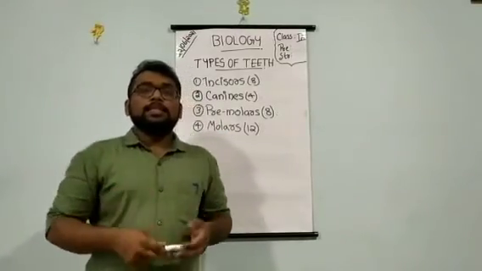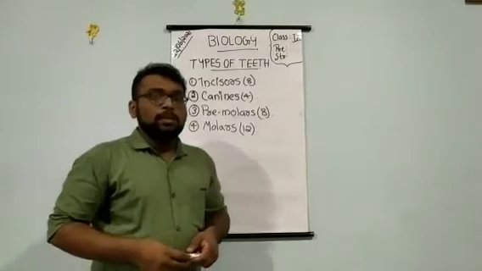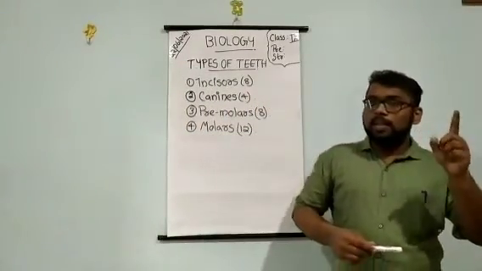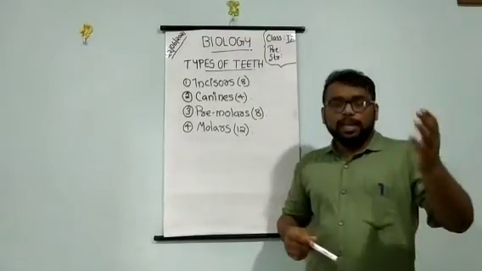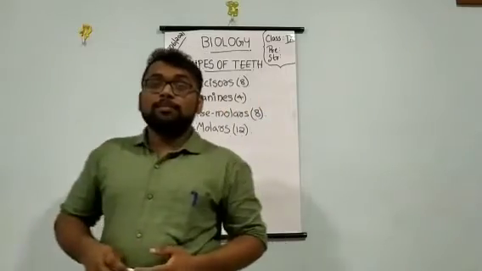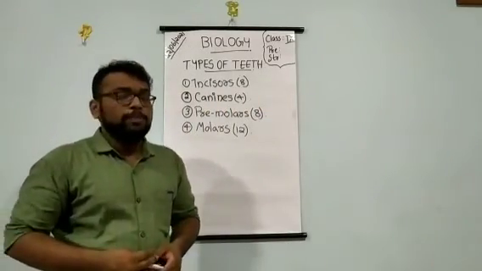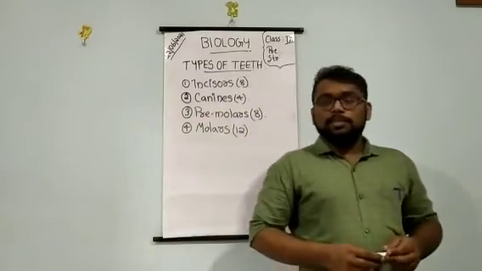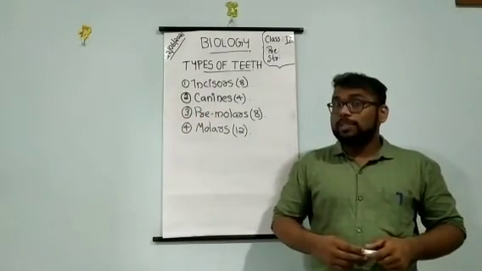Incisors are 8 in total. Incisors help us to bite and cut the food. Imagine eating a banana. Good. Then the canines are 4 in total. They got their name as they resemble the fangs of a dog. Canines help us to tear the food properly. Remember eating a piece of chicken.